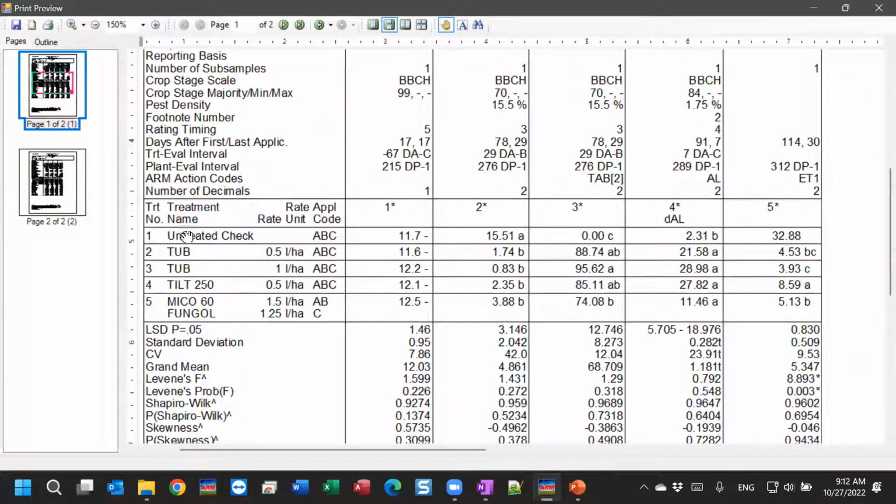Then we have our list of treatments. And for each treatment in our study, we calculate a treatment mean for each of those assessments. And then we have statistics. You can see some of the mean comparison letters that we talked about a moment ago.